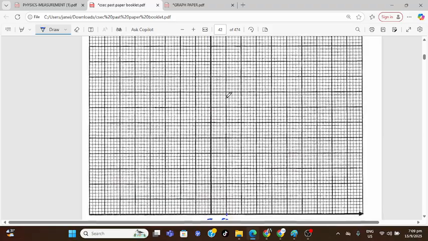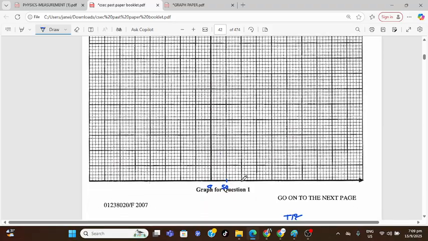We're going to come back down here and we're going to put 100, and then you're going to have 150, and then 200, and then 250, and then 300.